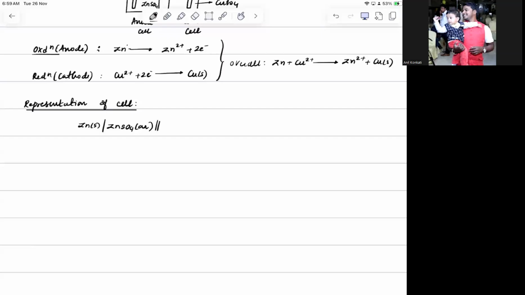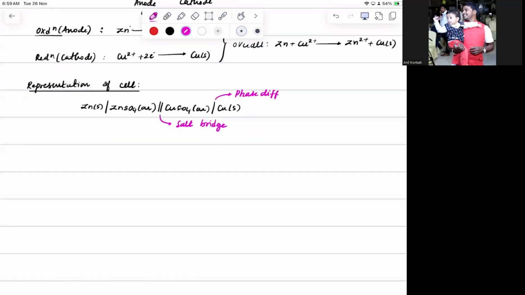Then a double line, which means a salt bridge, and then copper sulfate is getting converted into copper. Single line represents phase difference. Double line represents salt bridge. When there is a phase change, we will add a single line. And if you have to show anode and cathode separately, then we'll show a salt bridge in between.